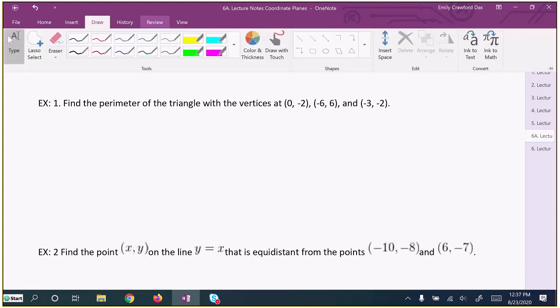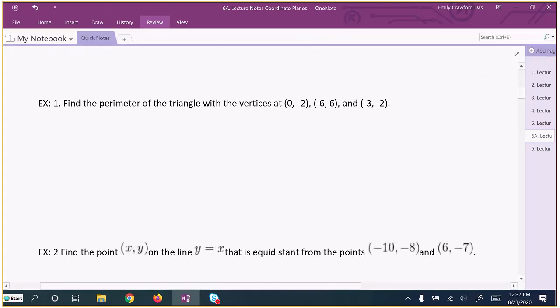The question tells us to find the perimeter of a triangle with vertices at (0, -2), (-6, 6), and (-3, -2). So let's draw our coordinate plane, and we'll just put in some hash marks.